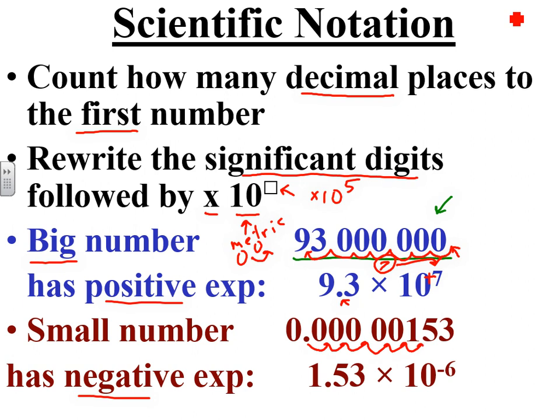You rewrite the significant numbers. The significant numbers here are 1, 5, and 3, with the decimal place following the 1. Then times 10 to the negative 6. It's a negative number because small numbers have negative exponents. So anytime you go to the left, you'll actually make it more negative. And then if you go to the right, you'll make it more positive for the exponents. So hopefully that makes sense.